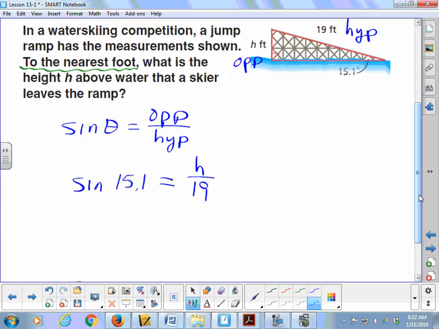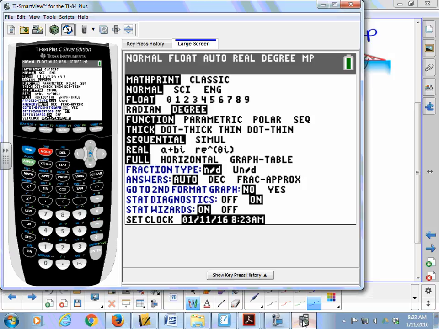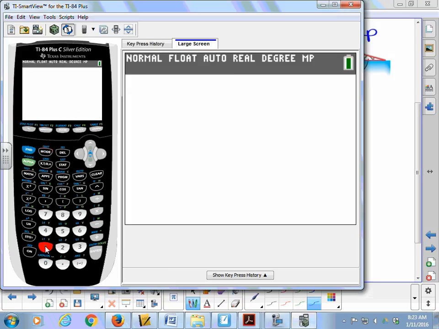Since we don't know what the sine of 15.1 is, we're going to go ahead and multiply by 19. And then all we have to do is just type that into our calculator. We're going to use approximate this time because it's not going to be an exact value. So when you go to your calculator, just type in 19 times the sine of 15.1.